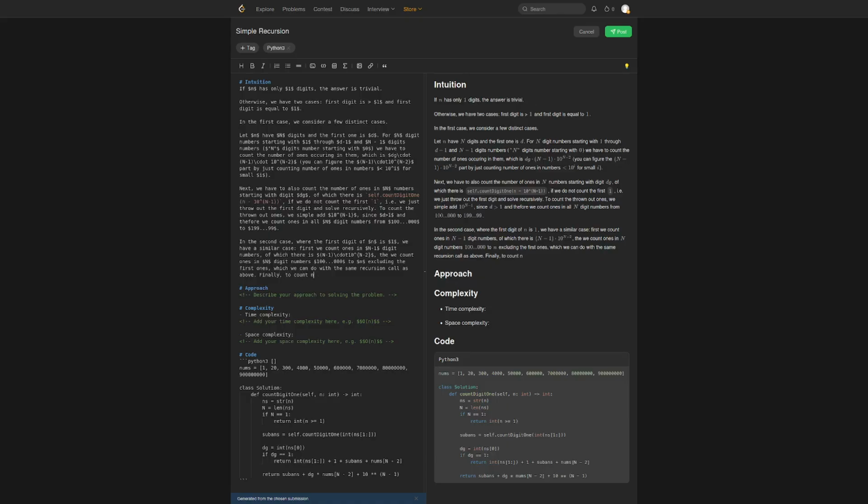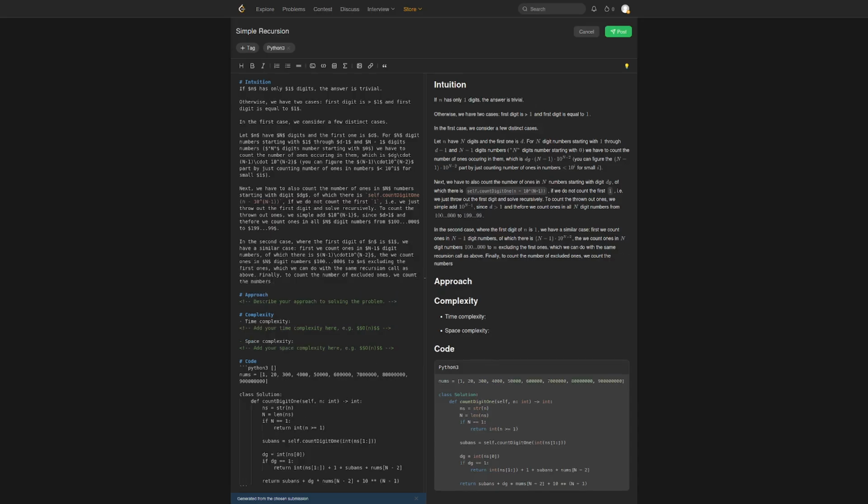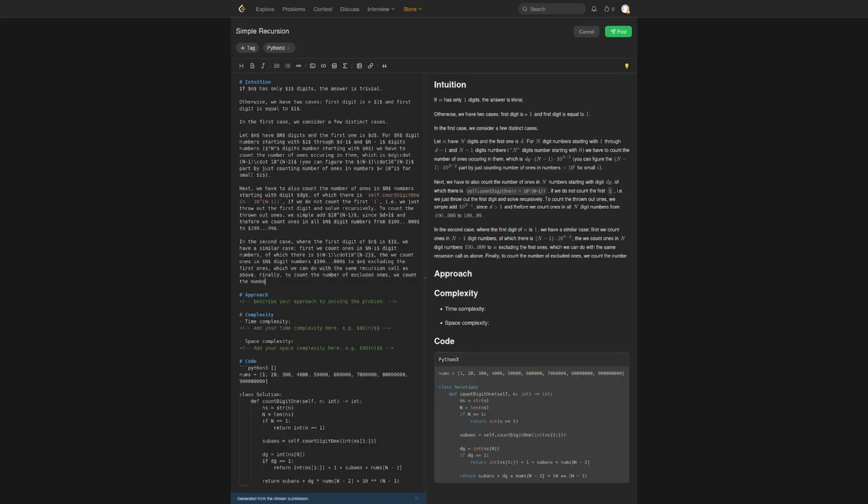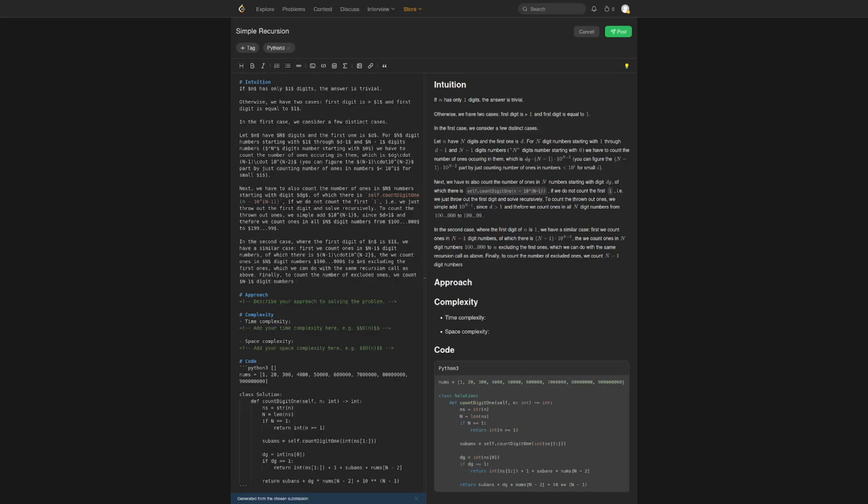Finally, to count the number of excluded ones we count the n minus 1 digit numbers from to n minus 10 to something.